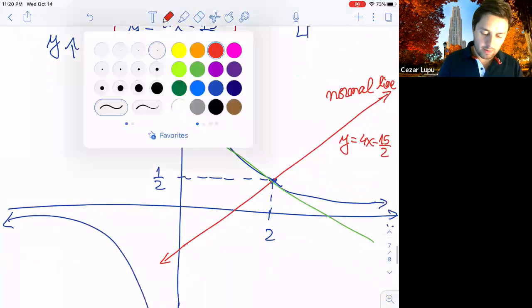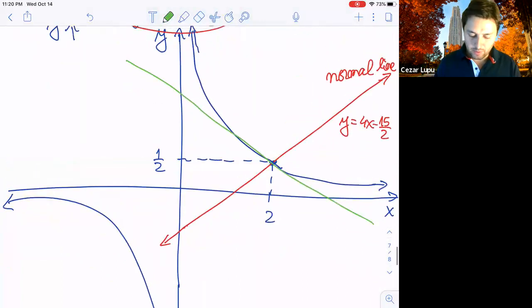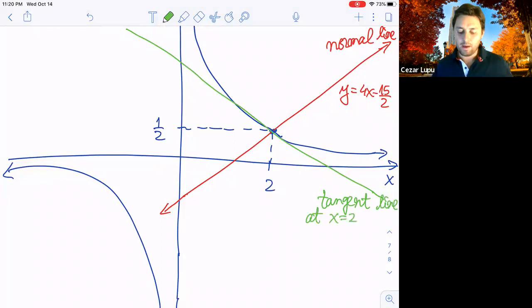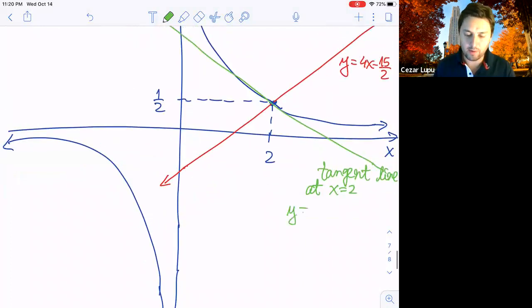And this guy here is the tangent line at x equals 2. So keep in mind, this is the tangent line at the point x equals 2. And this tangent line has the equation, we know that this is -1/4 x plus 1.